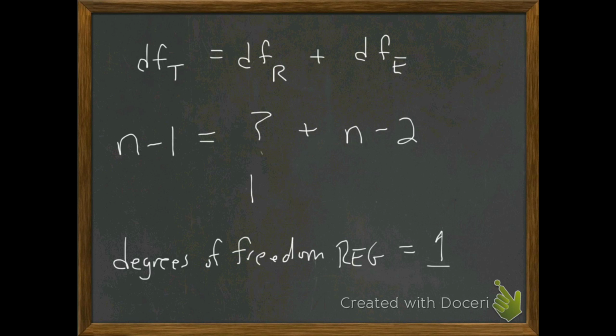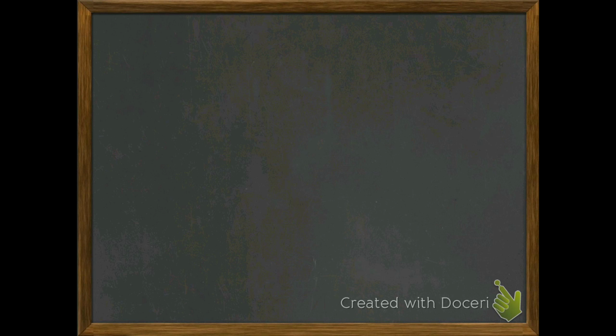Now, before we get on, ultimately what I want to do is get down to what we call mean square terms, but there's an alternate form for the sum of squares of regression.